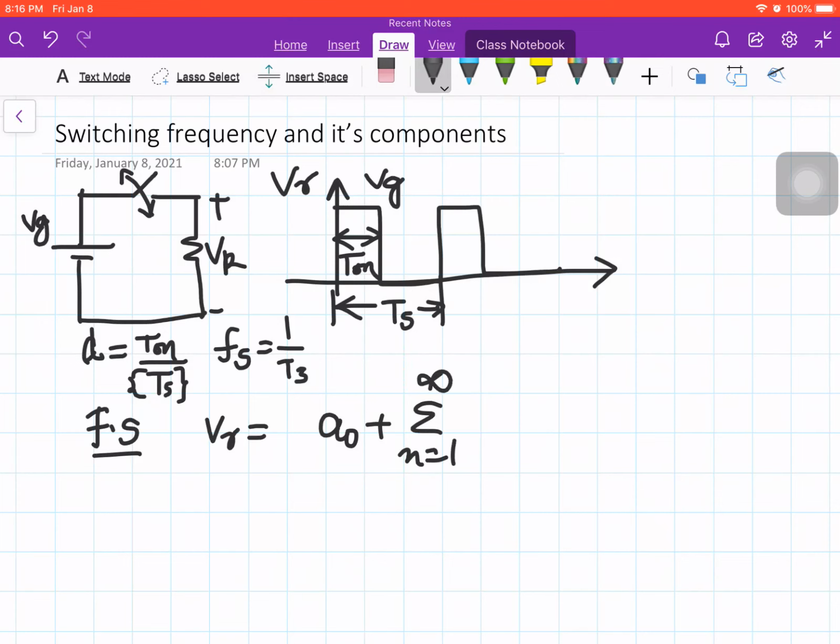Let us assume it's even symmetric, so basically this should be Ts. Just a small modification in order to make things simpler, I want to express the Fourier series only in terms of cosine terms, so I am introducing even symmetry into the signal. So n into omega s into t, isn't it?